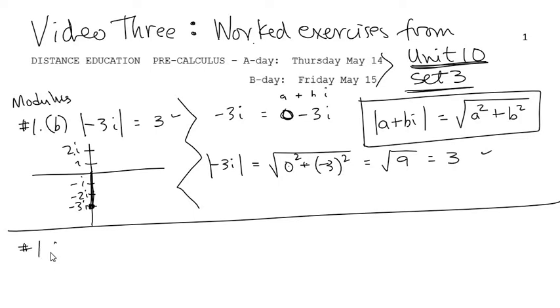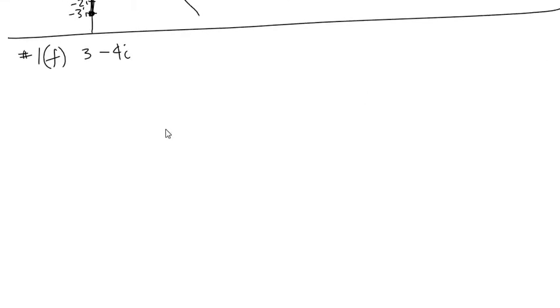All right, let's look at number 1F, where we're given the number 3 minus 4i. All right, so we could draw a picture of this. Let's see, this is going to correspond to the Cartesian ordered pair 3, negative 4.